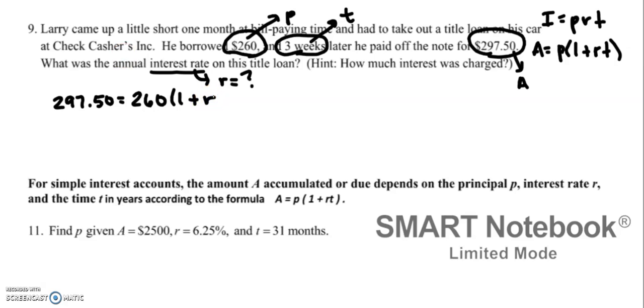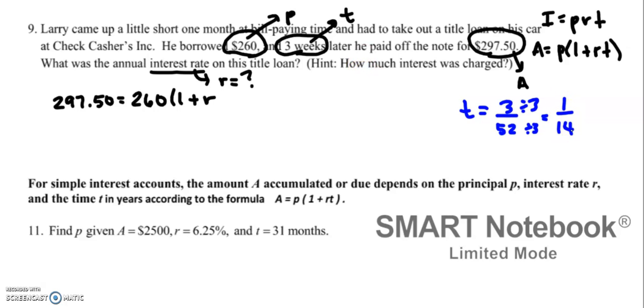And T is time, but were we given it in weeks or years? Weeks. So if it's not years, you need to make a fraction. So it's 3 weeks out of how many total weeks are in a year? 52. And then you can simplify this if you wanted to.